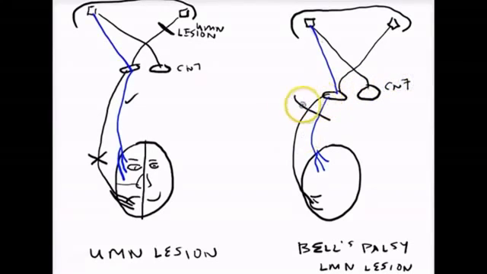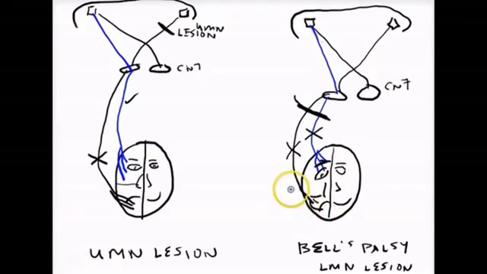Okay, so we have an injured cranial nerve 7. So what that means is that the innervation to the upper portion of the face in this instance will be disrupted. The innervation to the lower portion of the face in this instance will be disrupted. Now what you're going to see is a complete drooping of that side of the face. So the eye will droop, the nose will droop, and the mouth will droop.